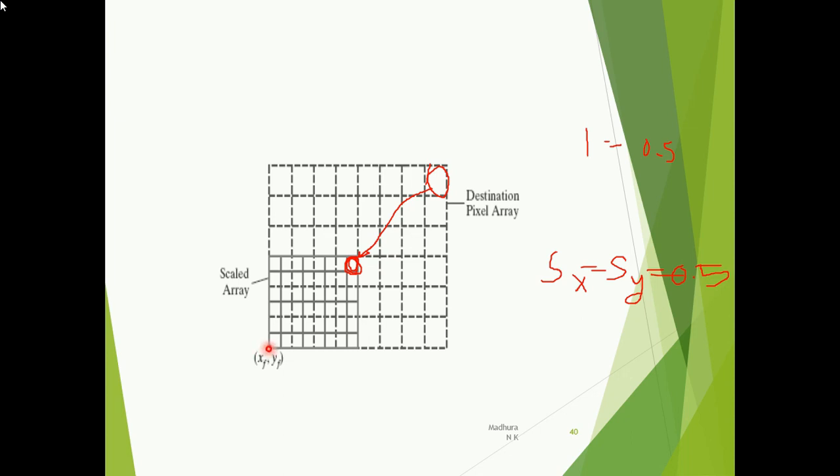So here consider the fixed point that has XF and YF. To do the scaling process, we have the procedure. Whatever the previous example I have taken for rotation of an object by 45 degree, the same procedure is followed in this case also.